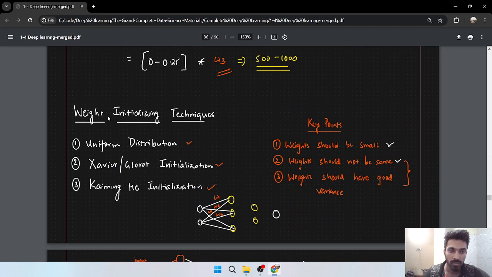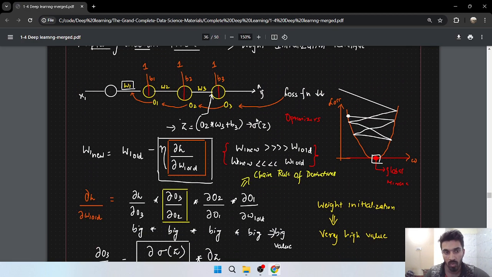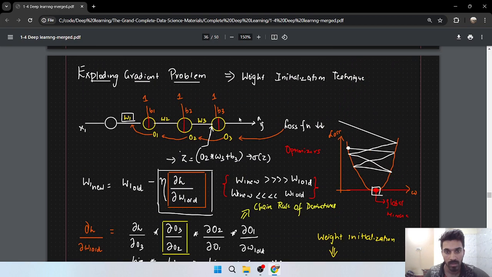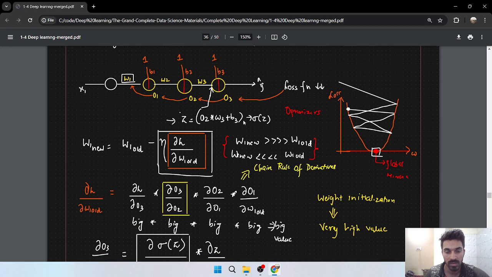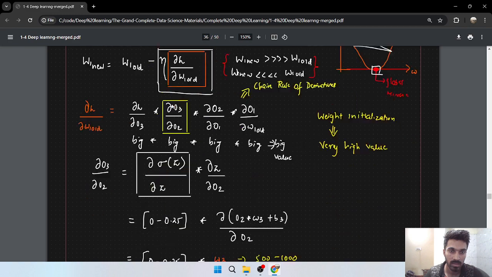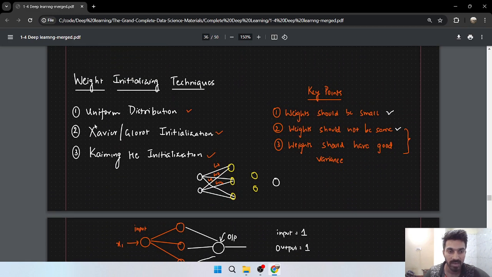Now coming to weight initialization techniques. We have three types of initialization technique in deep learning.